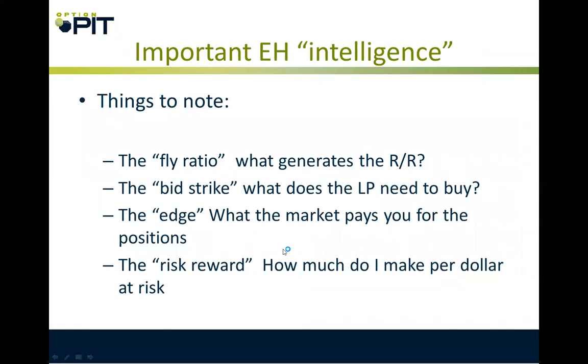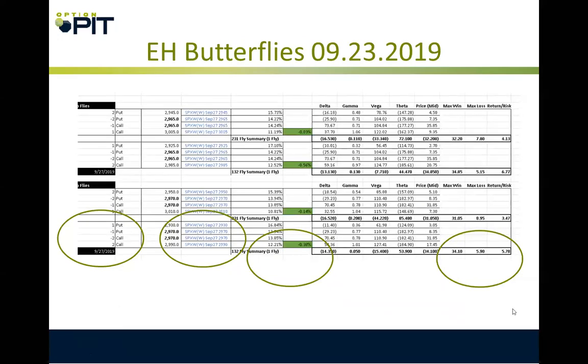So here's some notes, right? This is kind of like the intelligence of the sheets. What ratio generates your risk reward? So back here, this is a $40 fly that costs you $34.10, so you're only risking $5.90 on the fly.